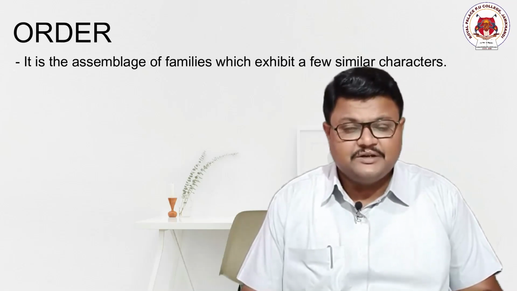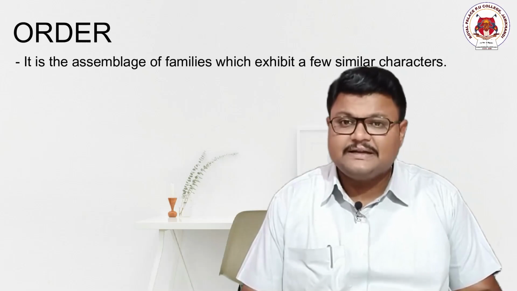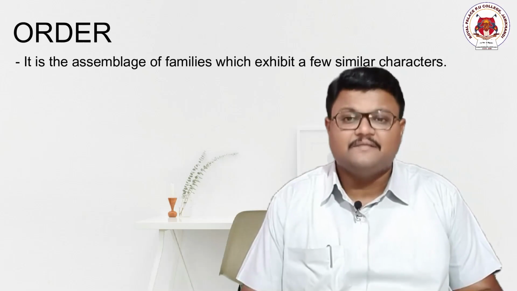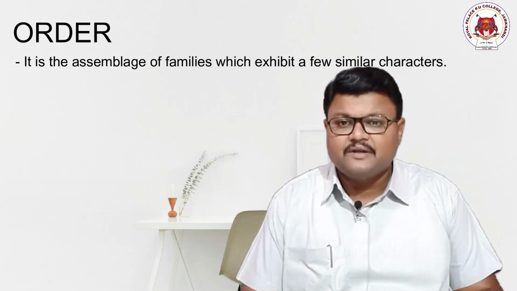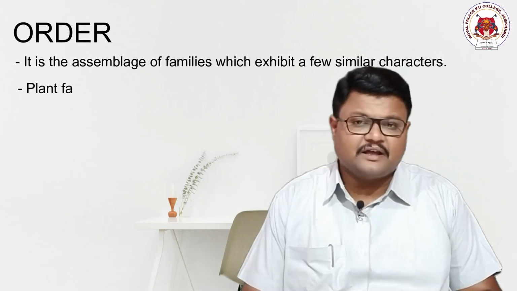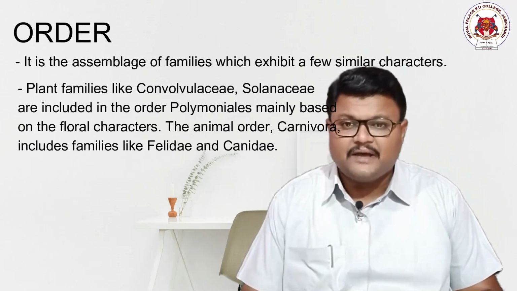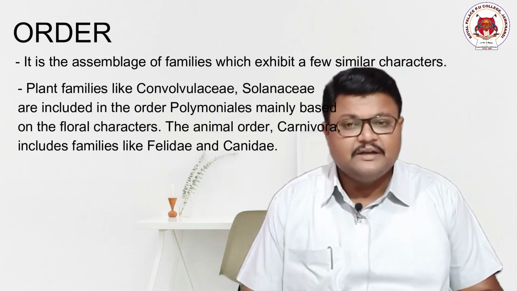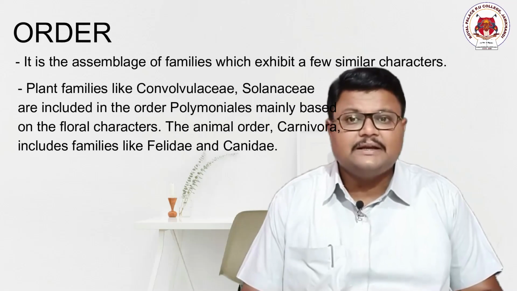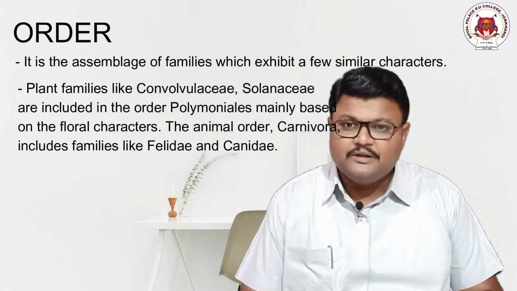We can give an example of some plant families such as Solanaceae and Convolvulaceae, having different genera and in turn different species. These families are kept in an order called Polemoniales.